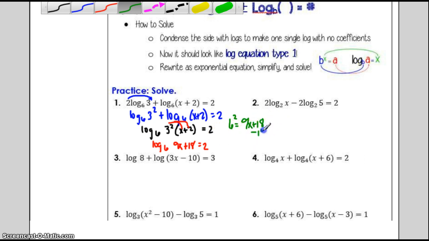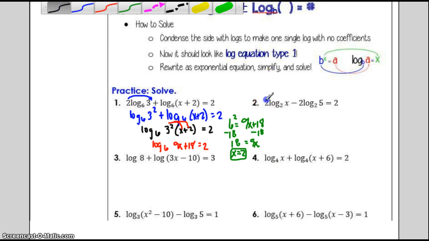So let's subtract that 18 from the 36, and we get 18 equals 9x, divide by 9, and x equals 2. So quite a few steps there. If you just start with condensing it and then move into the solving, it kind of flows pretty well. So let's do another one together.